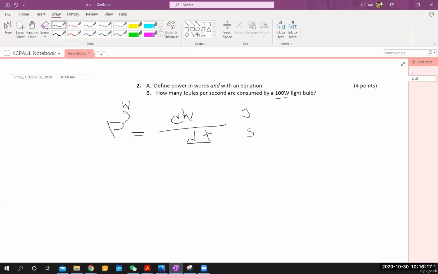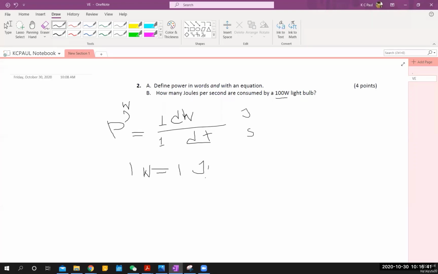So how many joules per second are consumed by a 100-watt light bulb? What are the constants here? You can say that 1 watt is equal to 1 joule per second, right?